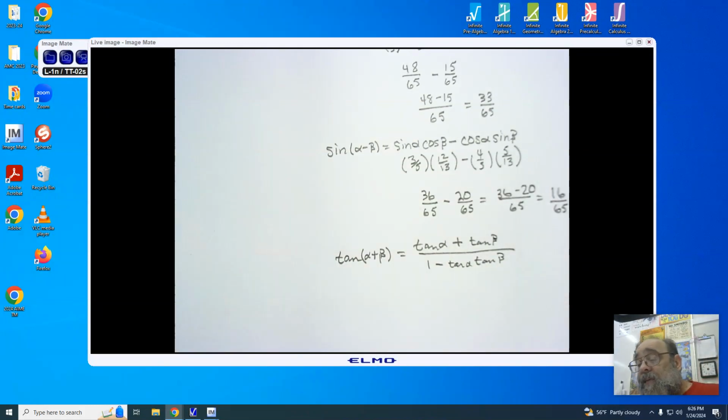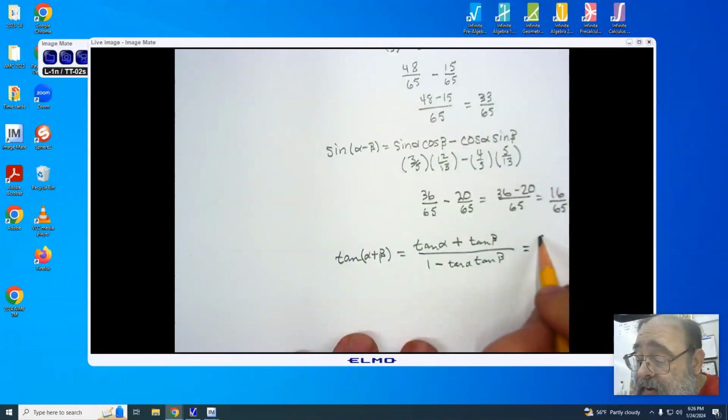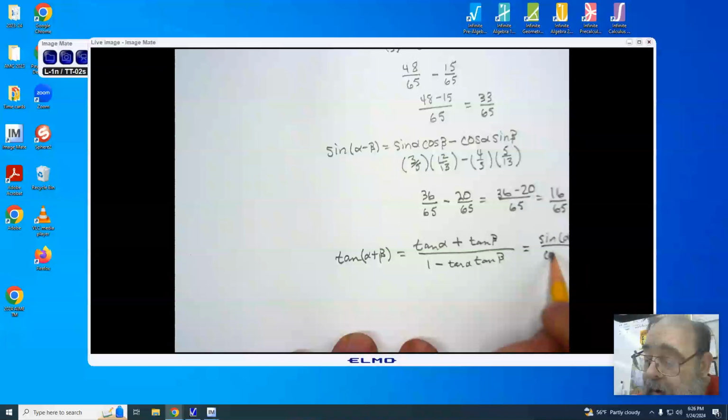Now I will point out, if I already know what my sine of alpha plus beta is and my cosine of alpha plus beta, I could always do a direct substitution with the sine of alpha plus beta divided by the cosine of alpha plus beta.